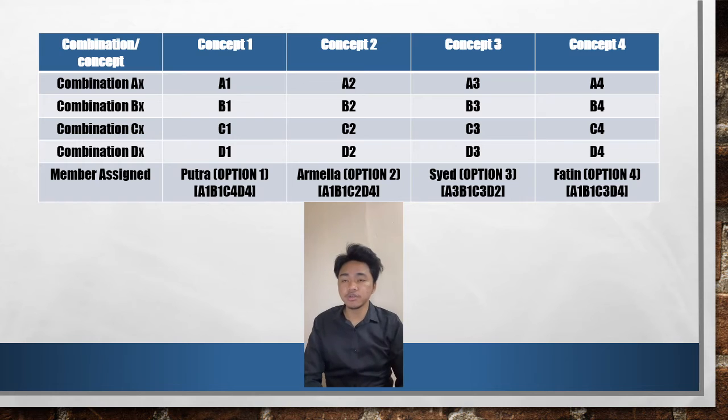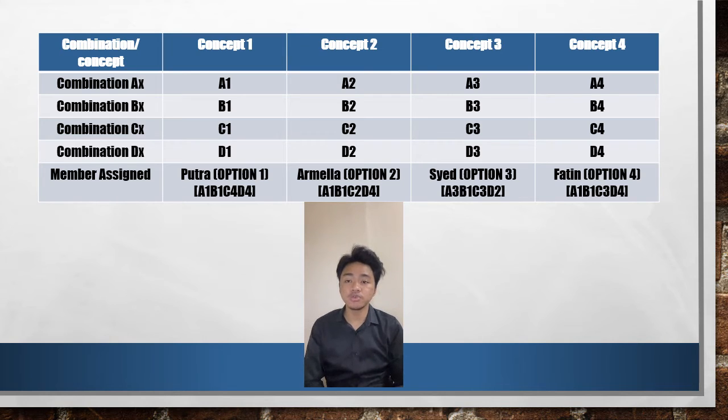As you can see on the screen, this is what we chose based on our morphological chart. As for myself, I would be option 1, and I would choose A1, B1, C4 and D4.